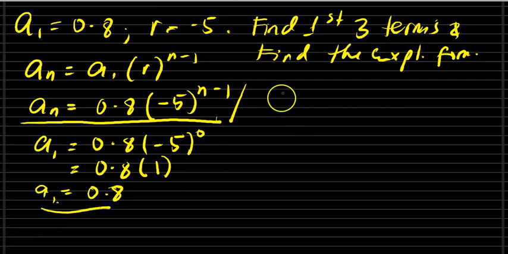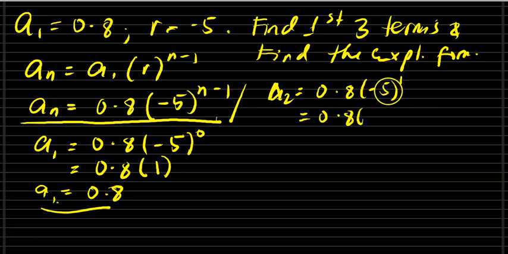The next term is a sub 2, which is 0.8 multiplied by negative 5. This time our n is 2, and 2 minus 1 is 1, so that's raised to 1. Any number raised to 1 will always be the same in itself. So it's going to be 0.8 times negative 5, which is negative 4.